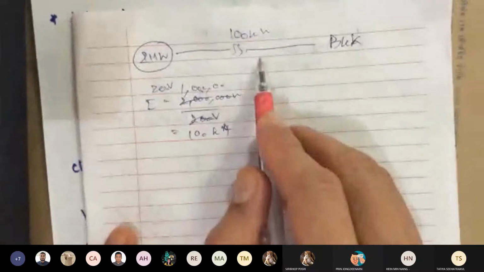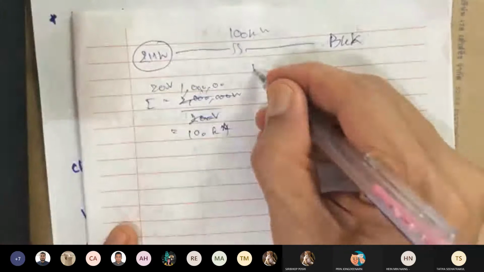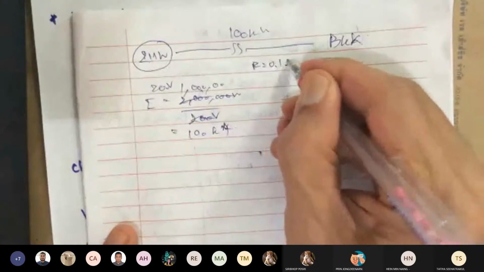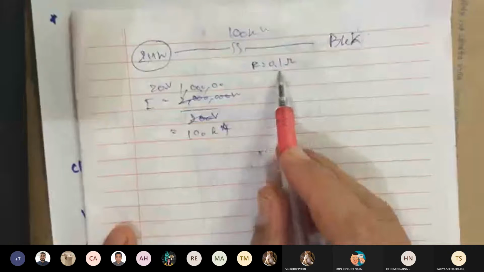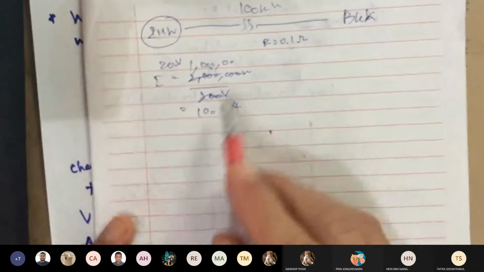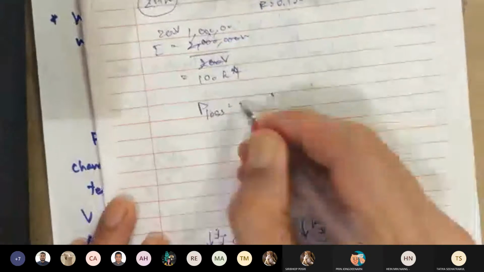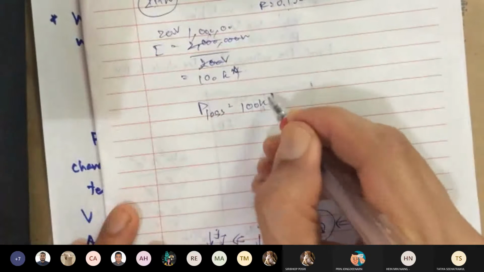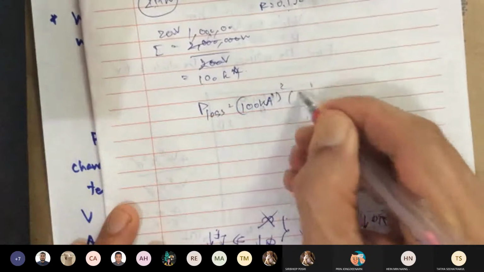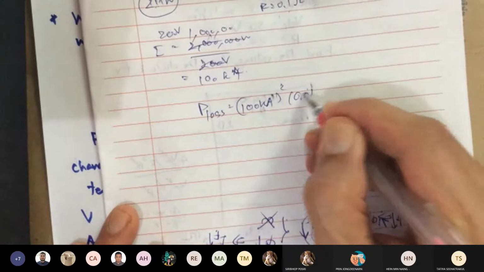Assume your transmission line has a resistance of 0.1 ohm. Pretty low. Okay. What is the power loss? Your loss in the transmission line would be I squared R, 100K squared times 0.1.